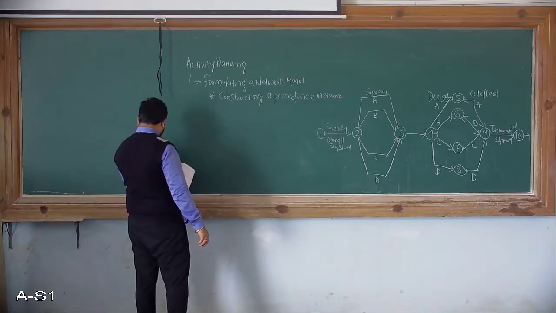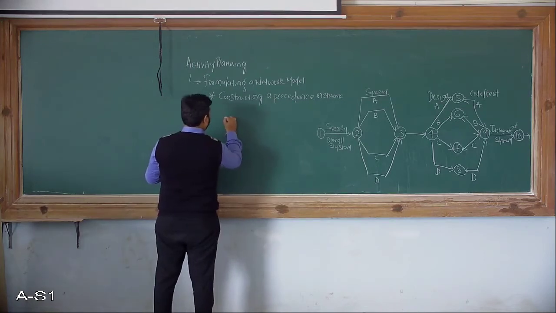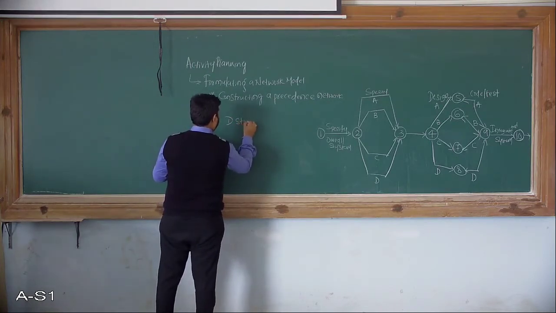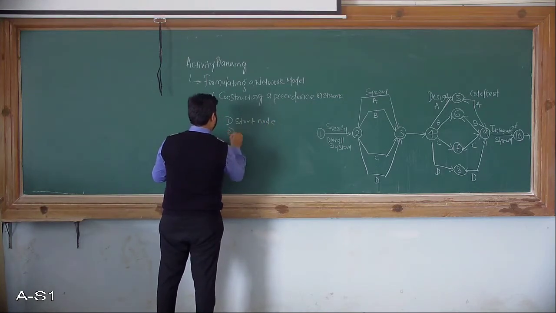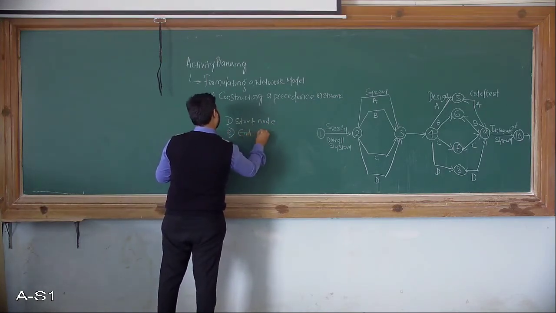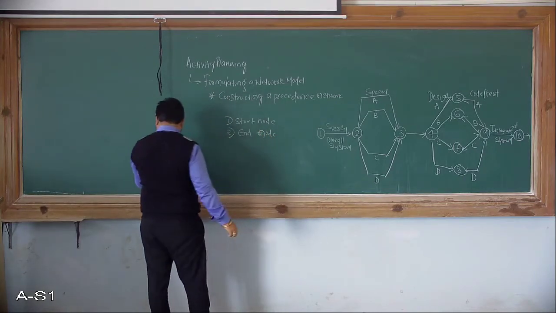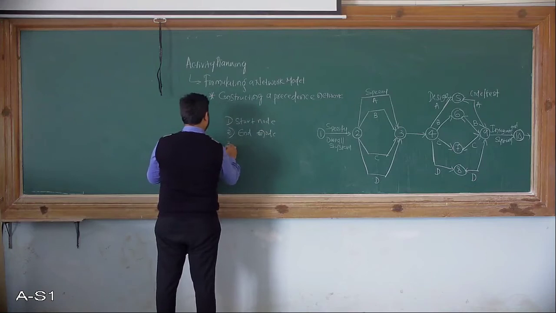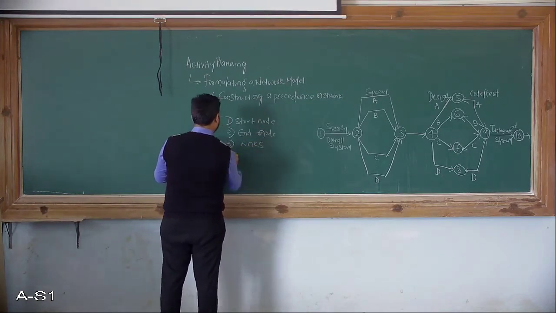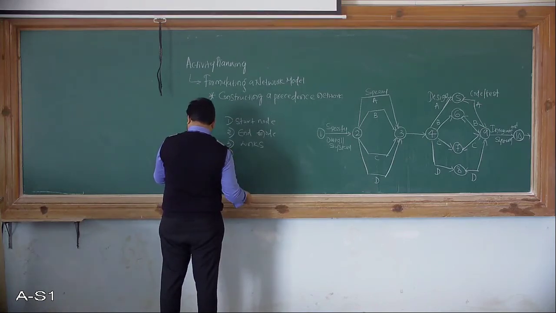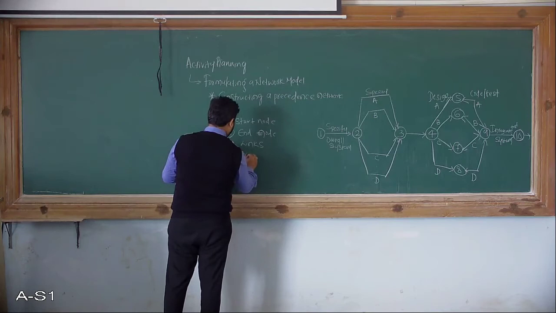So first one is start node, end node. Fine. Start node, end node. Third one is links. Fourth one is your precedence activity.